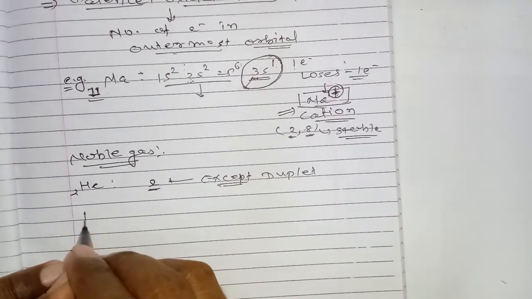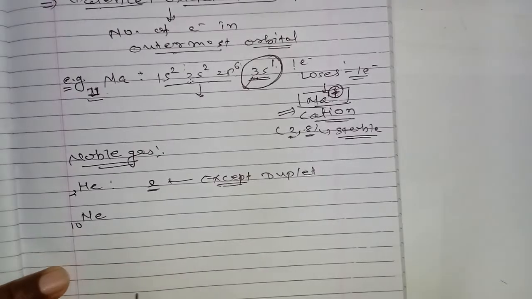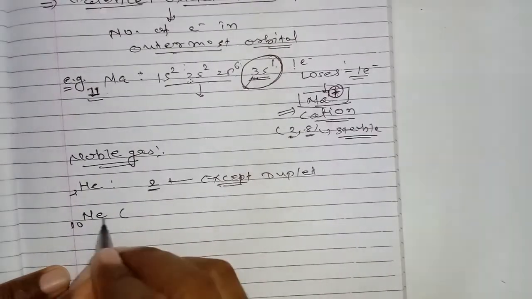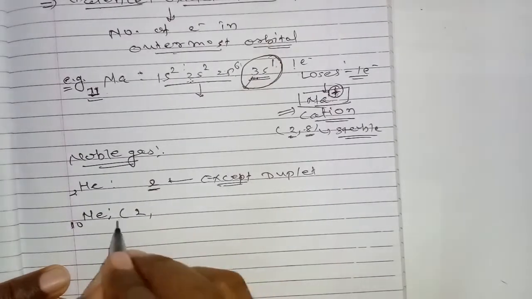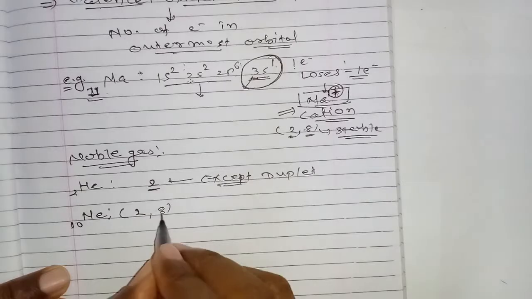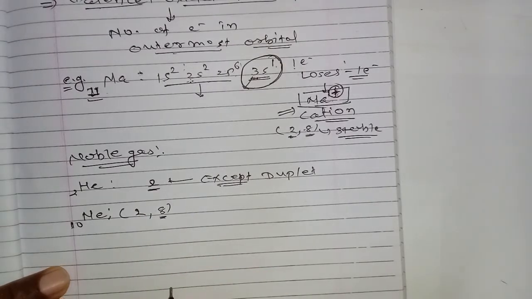Now for neon, its atomic number is 10. Here in the first shell there are 2 electrons, then in the second shell there are 8 electrons.